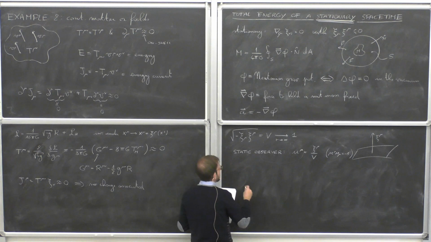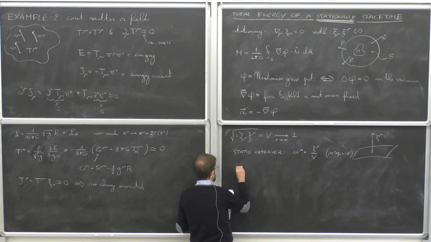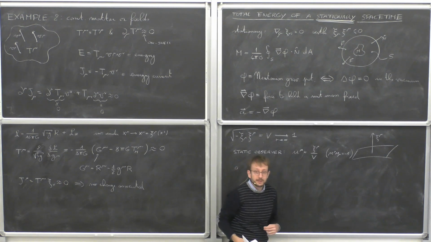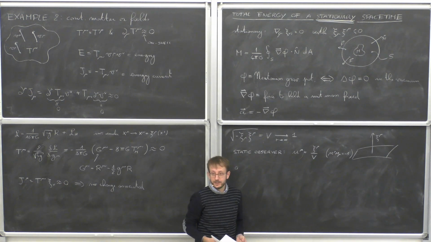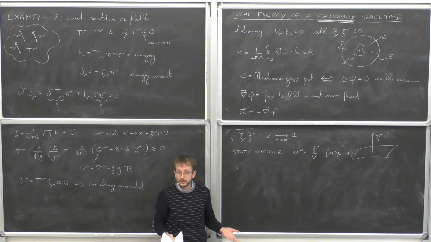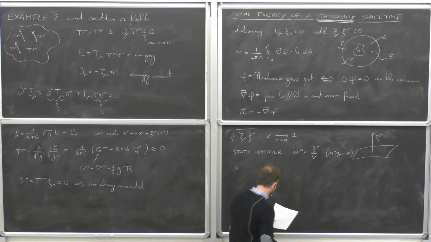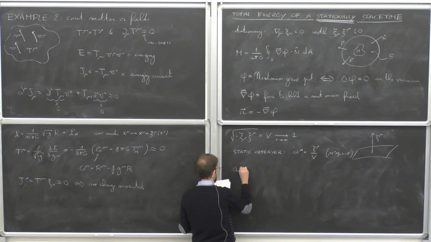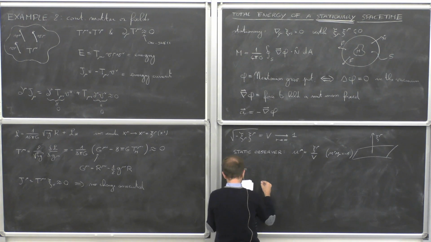Okay, so now why did I introduce the static observer? Because the static observer will be my mass that is held fixed at the surface, essentially. And the next goal is to try to covariantize the Newtonian expression that I've written above. So in order to do this, I have to introduce the four-acceleration of the static observer.